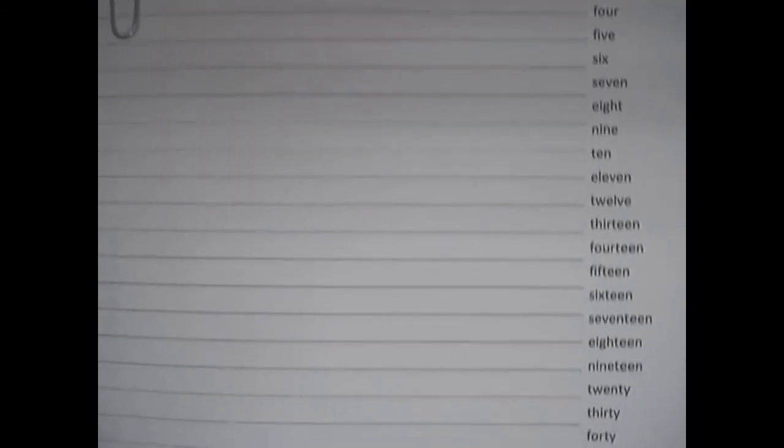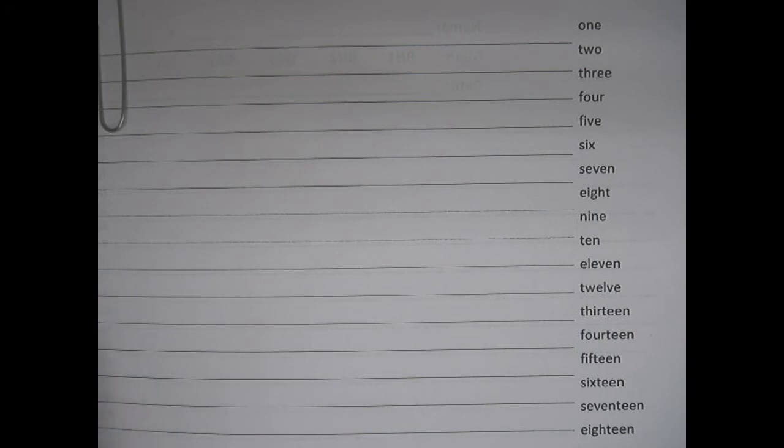All right. Then we've got 20, 30, 40, 50, 60, up to 100, then thousands, millions, billions, trillions. Now, will we get to the millions, billions, and trillions? Probably not this year. Some of you might. That's more so for 4th and 5th grade.